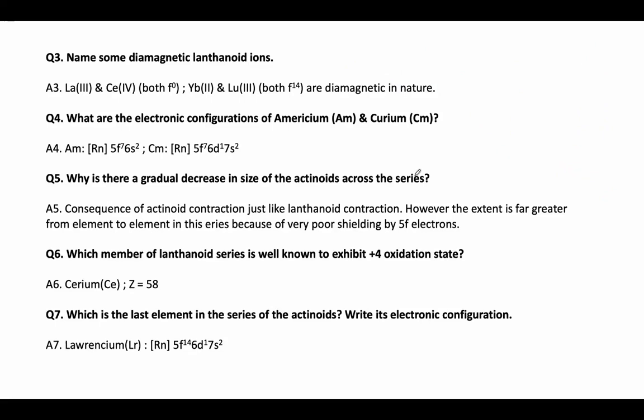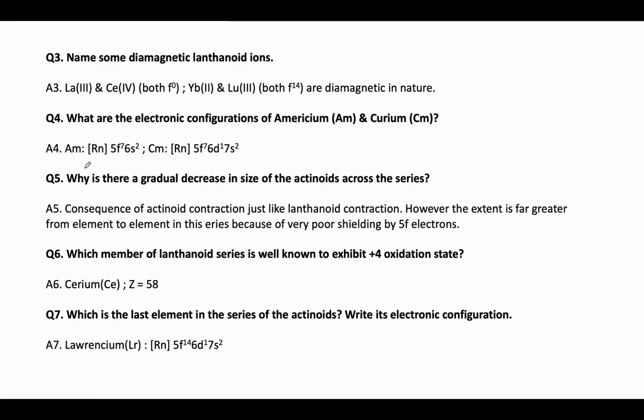The next question is typically a question on the actinides, or you can say the next question is strictly informative in nature. Here the question is, what are the electronic configurations of americium, abbreviated as Am, and curium, abbreviated as Cm? First one is americium. Americium lies in the middle of the actinide series.